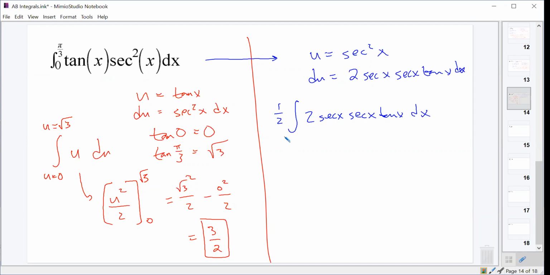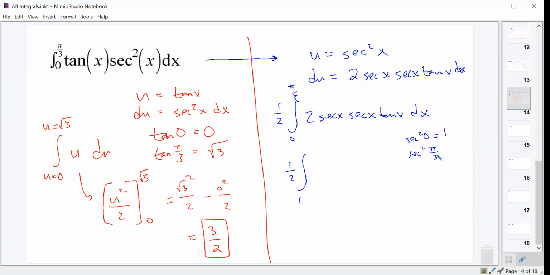And what would that become? Instead of going from 0 to pi over 3, we'd have to go to secant squared of 0. Well, what's the secant of 0? 1. So we'll go from 1 to what's the secant squared of pi over 3?